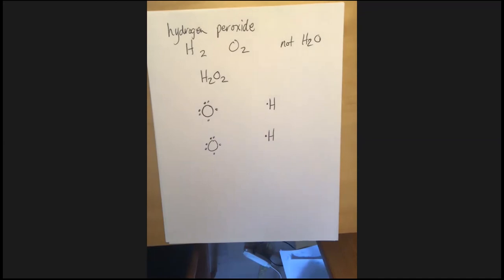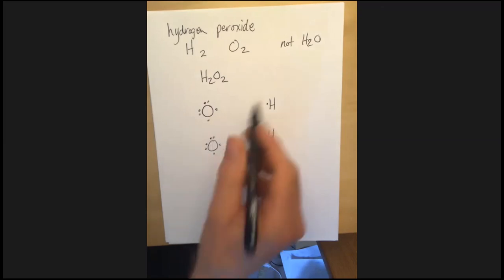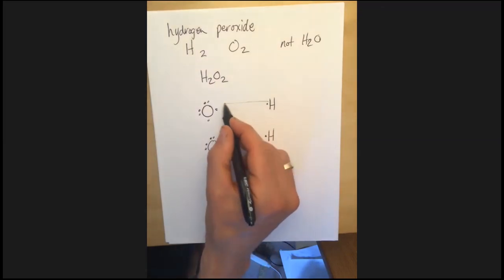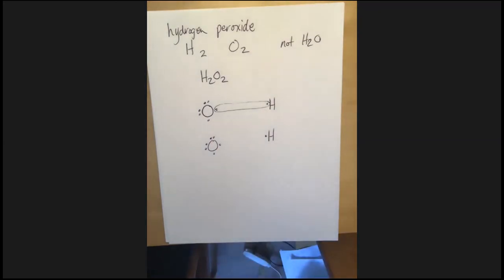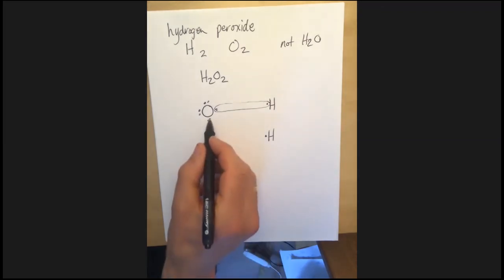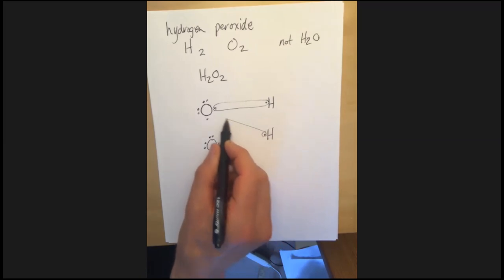And there's going to be something interesting that happens along here. So here's an oxygen with 6 electrons. I'm going to bring this hydrogen in, and I'm going to share right there. I'm going to take this electron, and I'm going to share it with this hydrogen, bring it in like that.